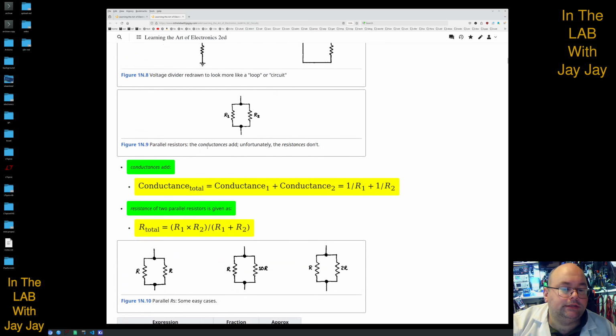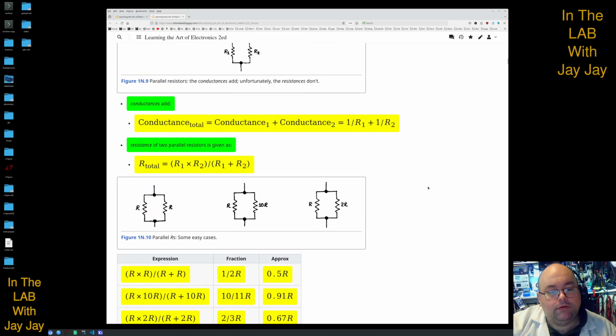For parallel resistances, the conductances add, the resistances don't. So because the conductances add, the total conductance is conductance 1 plus conductance 2 equals 1 on R1 plus 1 on R2. And if you're solving that for a network of 2, then the total resistance is given as R1 times R2 divided by R1 plus R2.